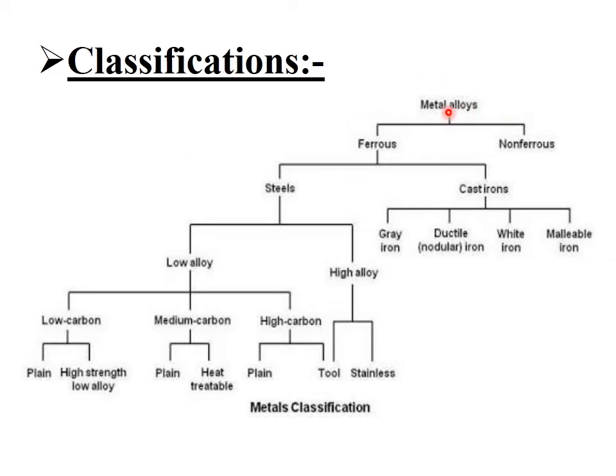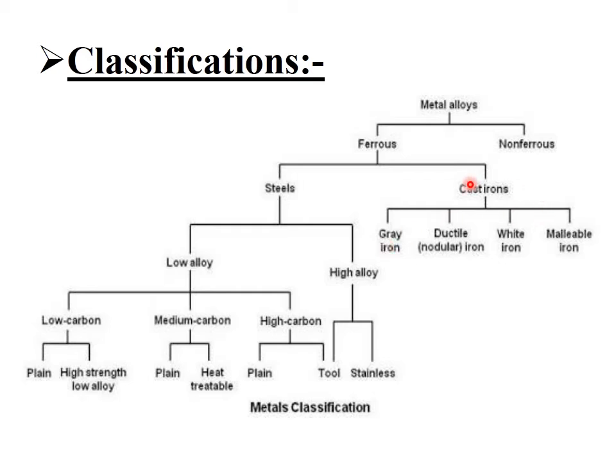The metallic materials under ferrous and non-ferrous category. In ferrous, steel and cast iron. These two categories are based on percentage of carbon. Steel up to 2% of carbon, cast iron more than 2% of carbon, and this category, the entire category of steel, we have already learnt in the last video.